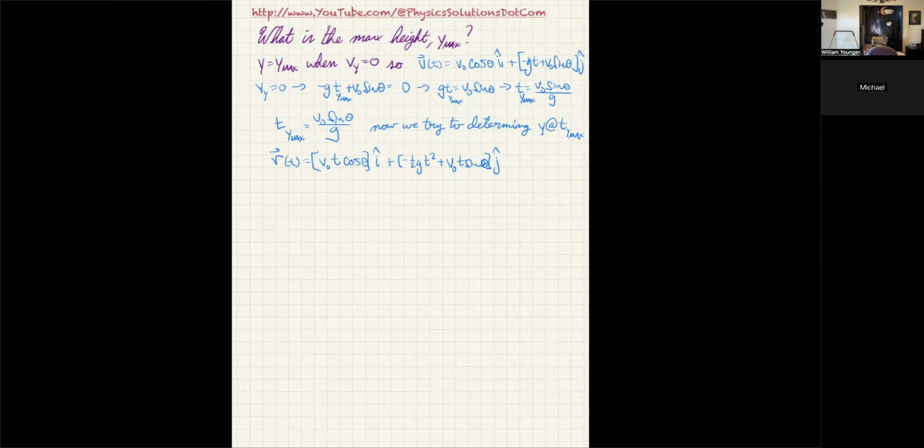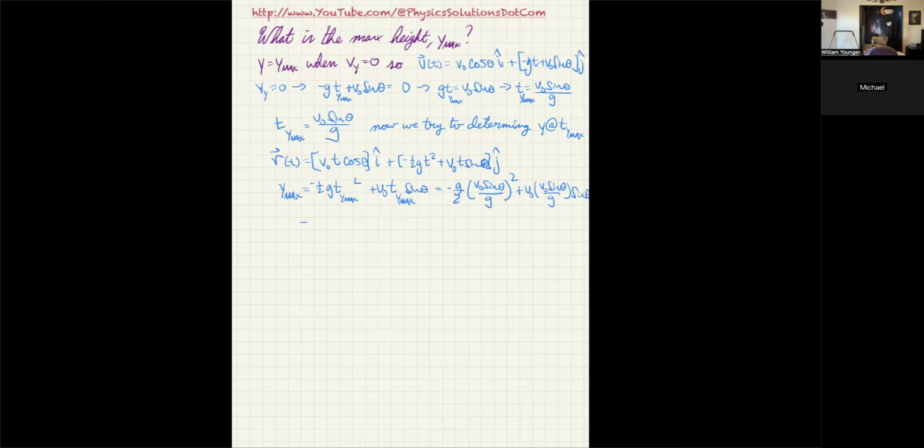We want the y part, so what we want is y max is equal to negative 1 half g t y max squared plus v0 t y max sine theta. So what I'm going to do is take the negative g over 2 and multiply it by the time we just found, which was v0 sine theta over g, and that's got to be squared, plus v0 times v0 sine theta over g times sine theta.